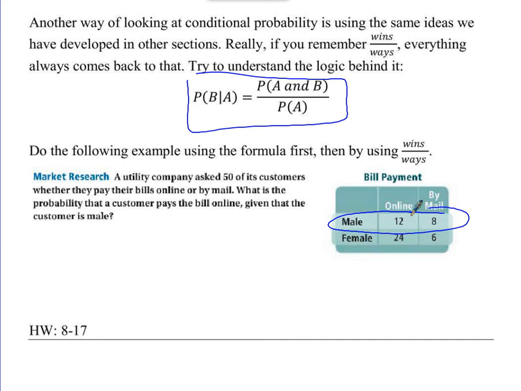Total males is 20. There are 12 of them. That's the answer. Why would you do it any other way? You reduce that: 3/5. So there's your answer.